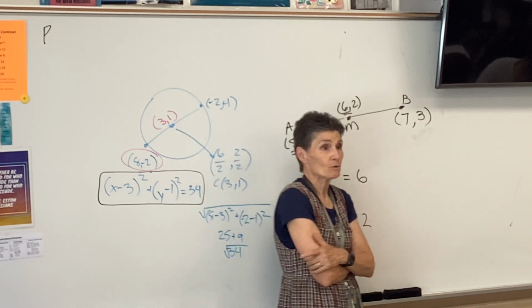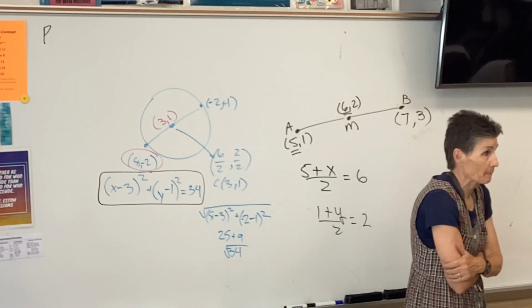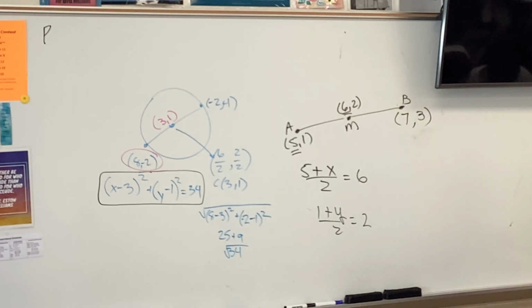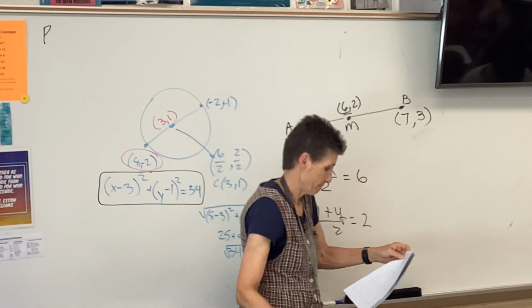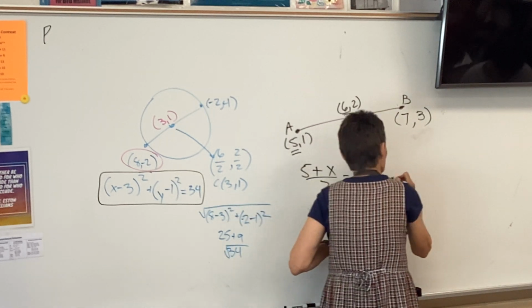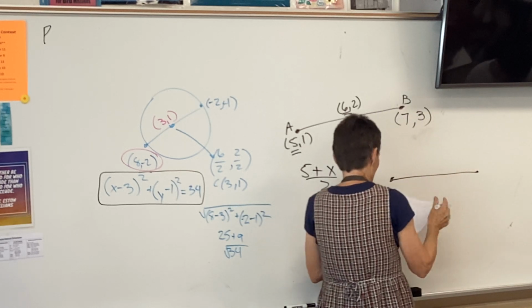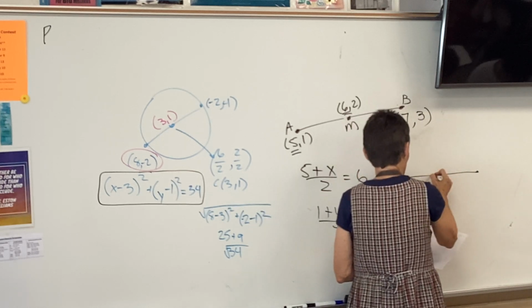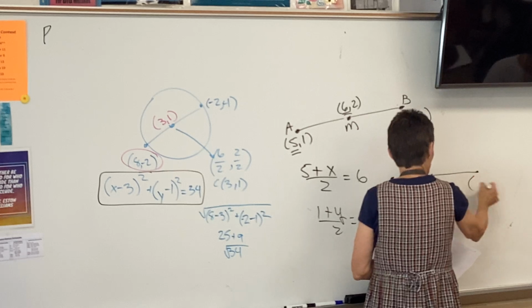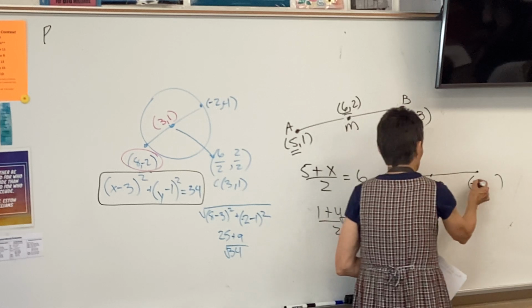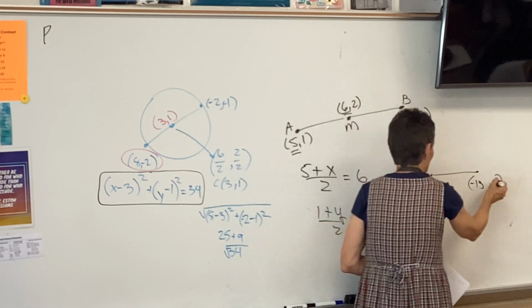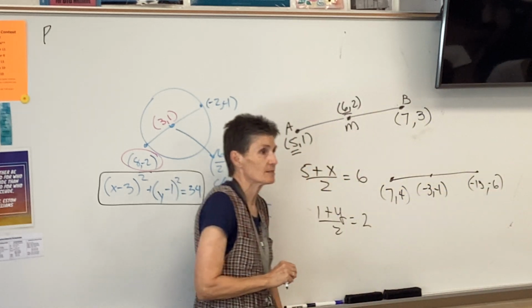Somebody said -13, comma, -6. Let's see if that's right. This is 7, 4. This is -3, -1. I don't know what this is. I think -13, -6 is correct.